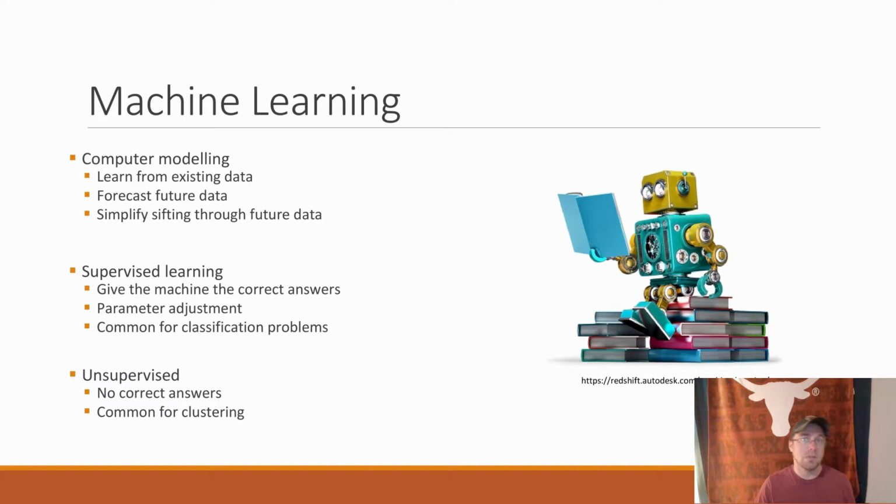By contrast, you also have unsupervised learning, where you're just giving the machine data, no correct answers, and you see what happens. So really two main reasons for using one over the other, right? Supervised learning is good for classification. You know the groups that you want to be classified in. In this case, you're talking stable or unstable. Unsupervised is really good if you don't know the classification or you just want to see what the machine comes up with.